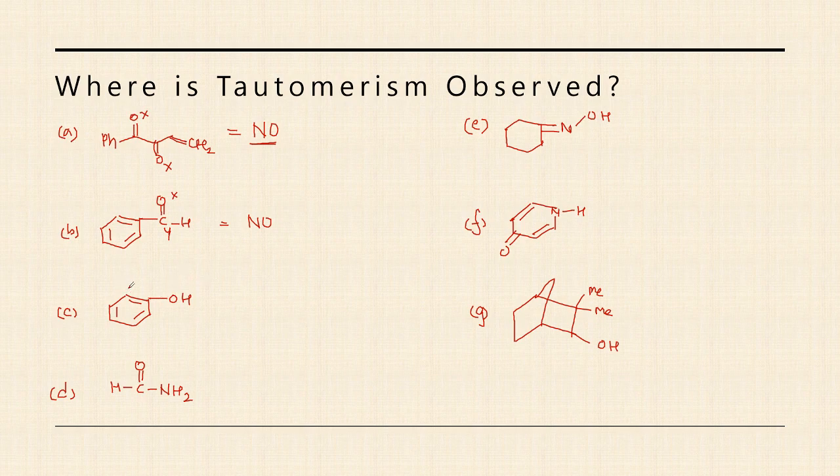In this case, if this is Z and this is Y and this is X, we have a Z double bond Y XH kind of a system. What we need to make is a ZH Y double bond Z system. That means this will show tautomerism, yes, and the tautomeric form will look like this.